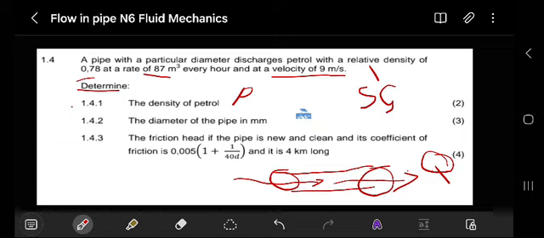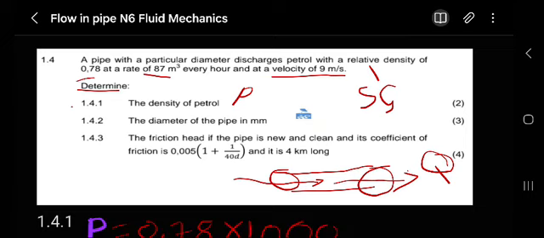We know the rate is equal to area multiplied by velocity. Then we can make the area the subject of the formula, because we can find the diameter from the area of this pipe.